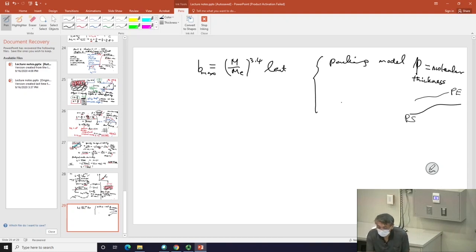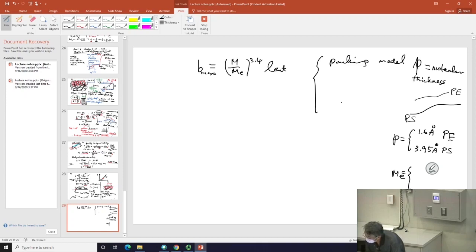I would even go as far as telling you that P for polyethylene is 1.6 angstrom, and for polystyrene is about 3.95 angstrom. Quite a difference. Because of that, M_E is rather different.